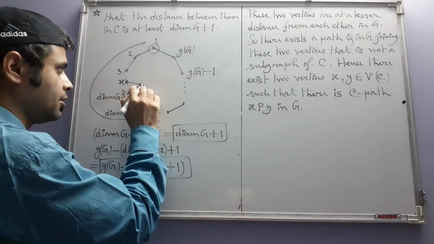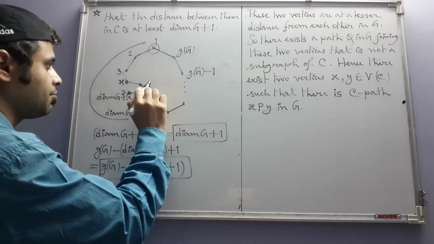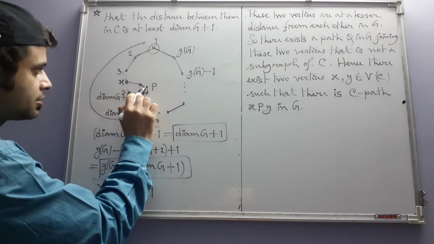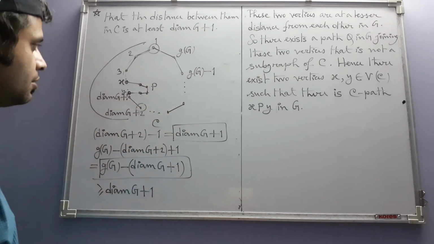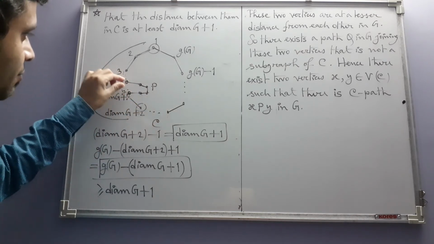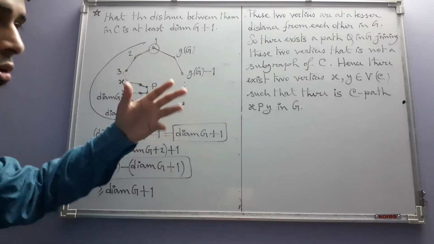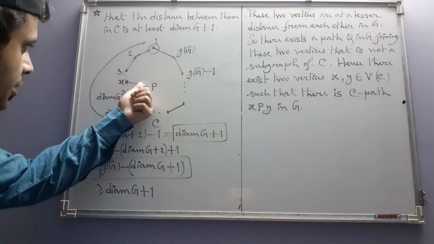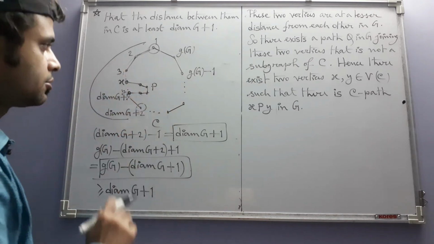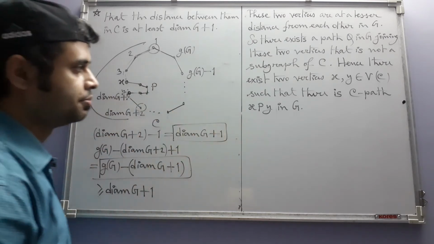There are possibly other vertices in between. So this is the path P. It starts from X, then goes like this and meets C at Y. So the ends of this path are the only two vertices which are also vertices of C. The inner vertices of the path P are not parts of C. So there is a C path XPY in G.